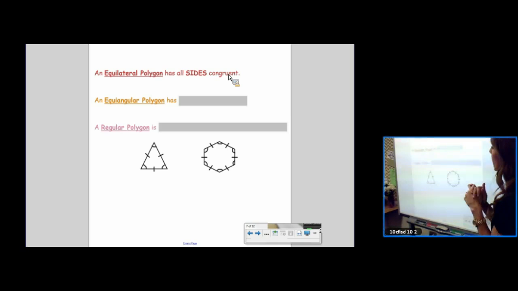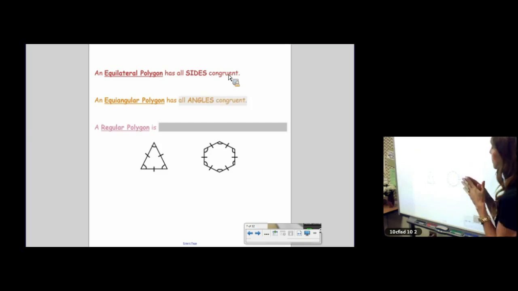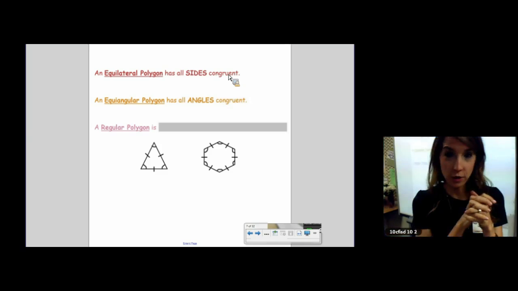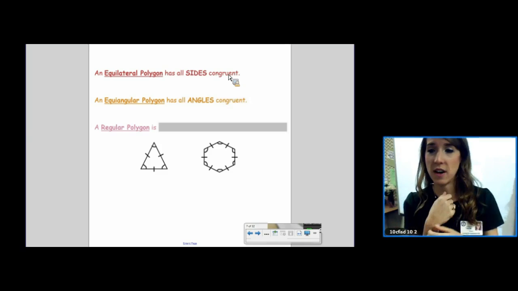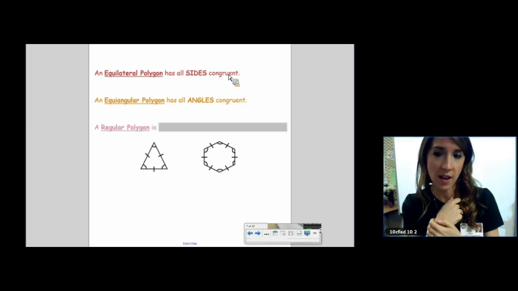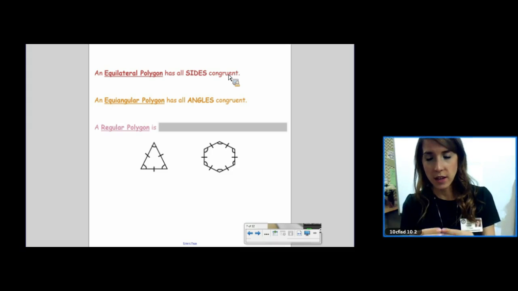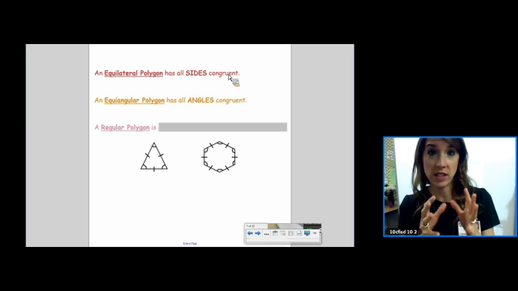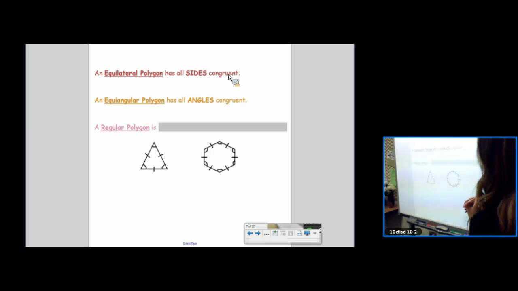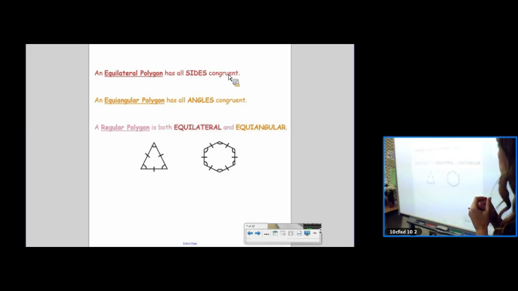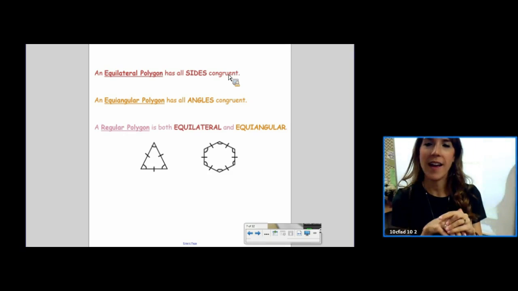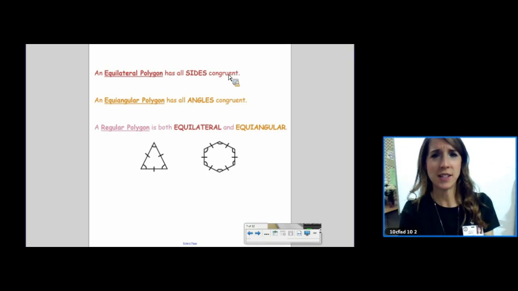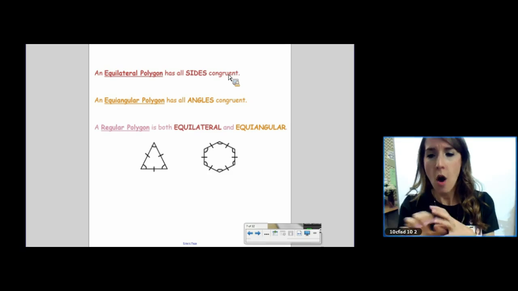An equiangular polygon has congruent angles. All angles are congruent. Equiangular, equal angles. So a regular polygon, which we are going to focus on a lot in this short little unit, is a polygon that is both equilateral and equiangular. It just means all sides are equal. Put tick marks on them. All angles are equal. Put arcs on them.